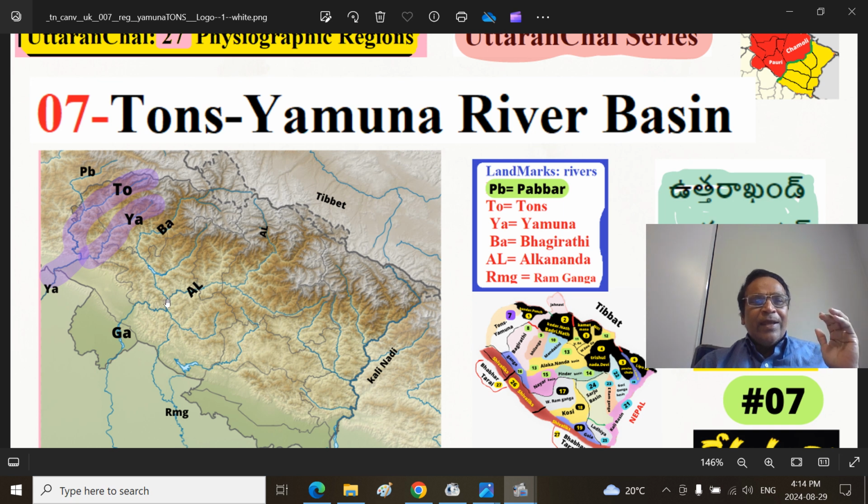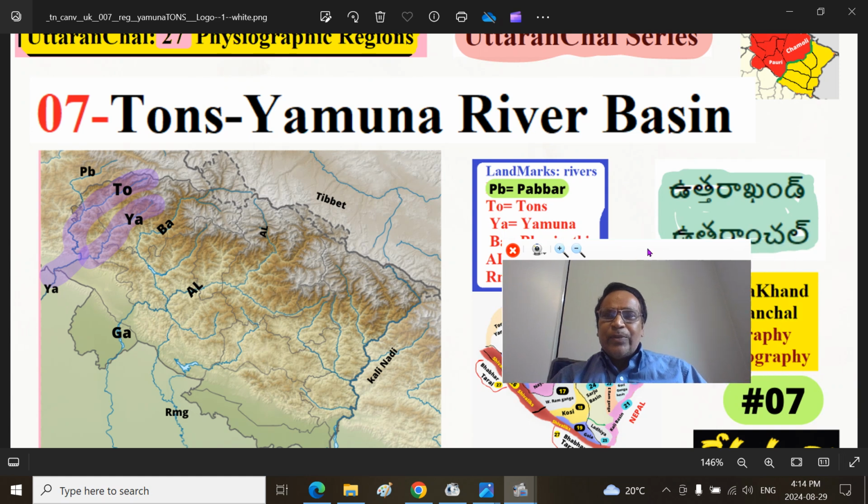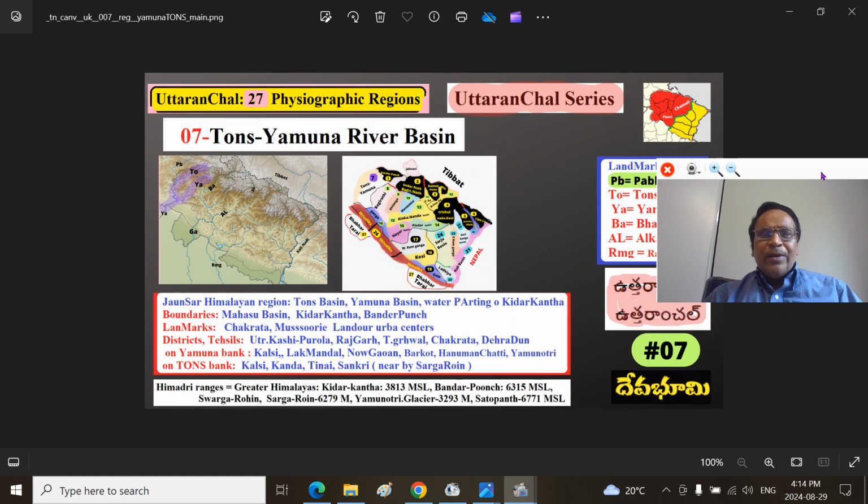D will be Devprayag, that means where these two head streams join, and the river is called the Ganga River, Ganga Mata. So we are looking at the Yamuna River here, Tons River here, Pabbar River here, see PB. This is the basin region, not really a valley, but a broad basin valley region of the Tons Yamuna basin we are looking at today. And this is essentially the same with a little more information.